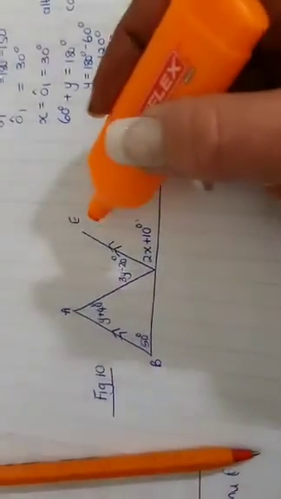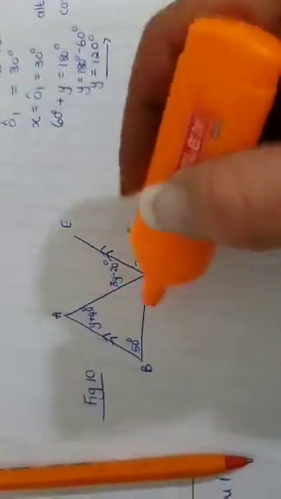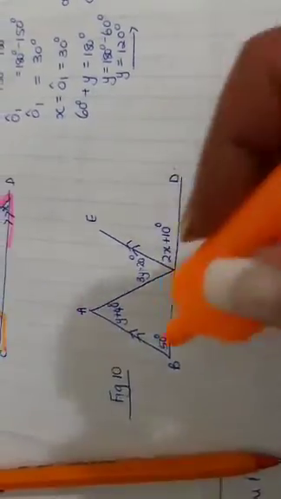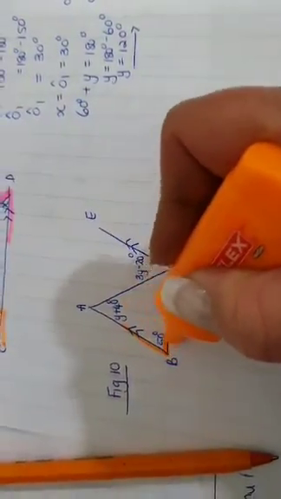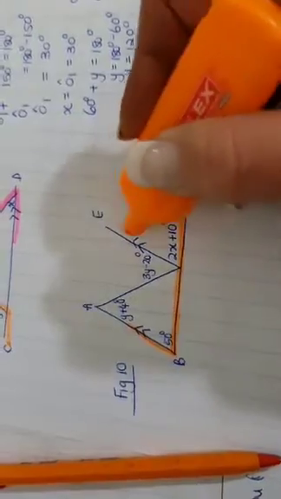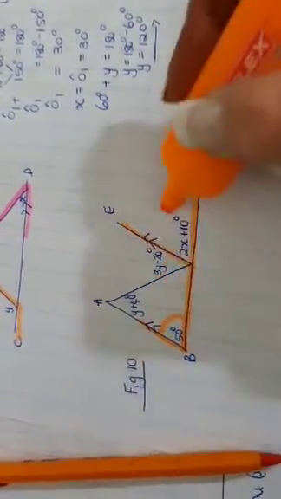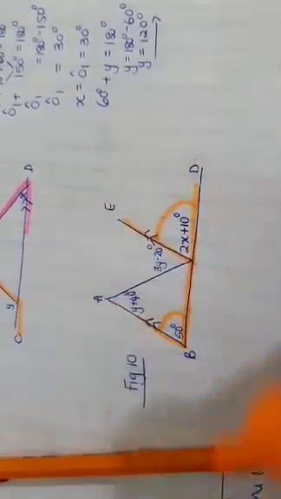What do you notice? That these two arms are parallel. What of the FUNXY can you use? And you should notice that you have the F shape. And this angle is equal to that angle.